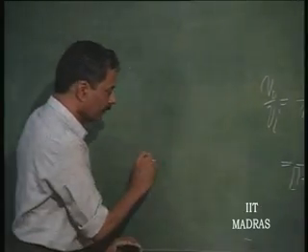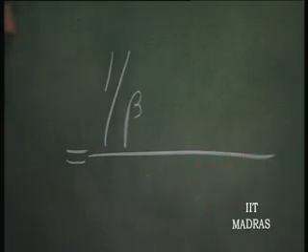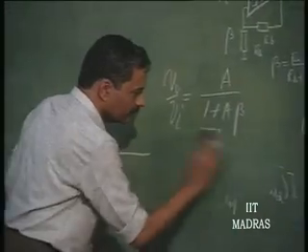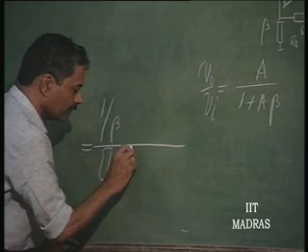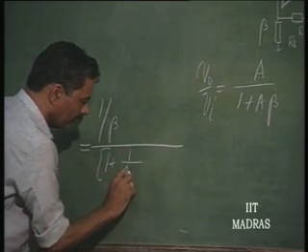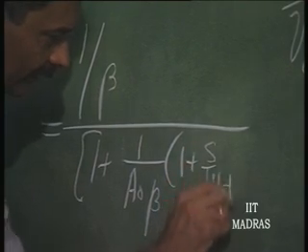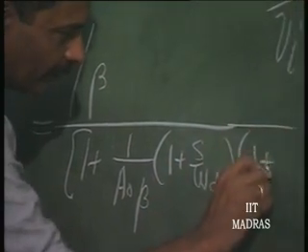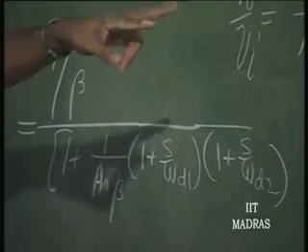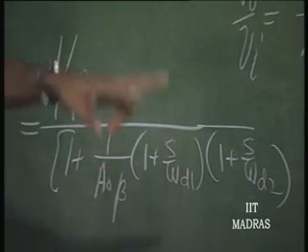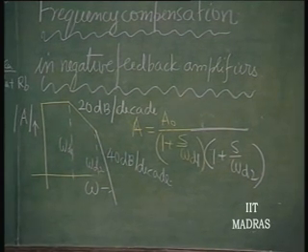Only thing is, V naught over V I is now 1 over beta divided by 1 plus 1 over A naught beta into 1 plus S by omega d1 into 1 plus S by omega d2. For A, you substitute now A naught by 1 plus S by omega d1 into 1 plus S by omega d2, that is all. So, it becomes a second order system.